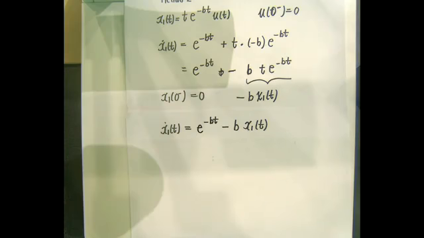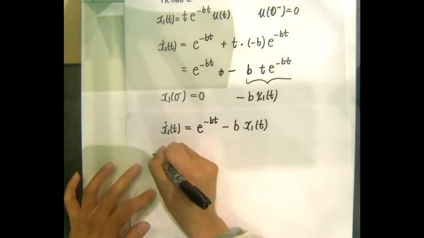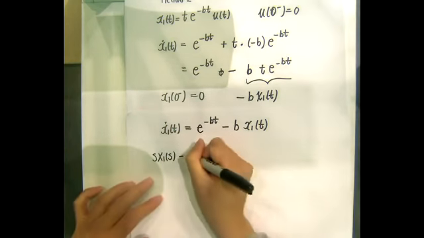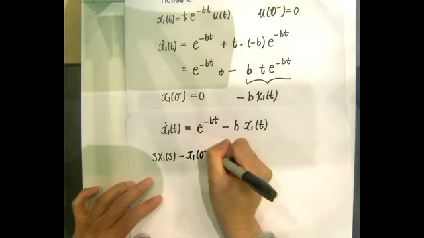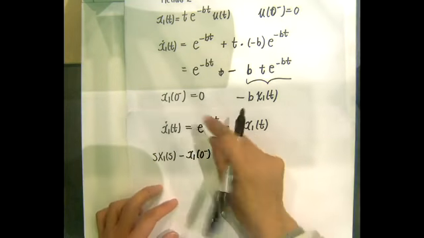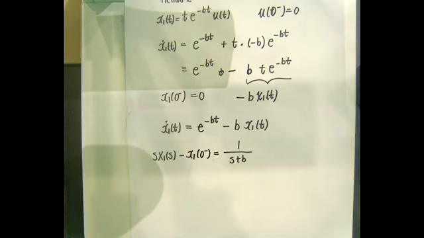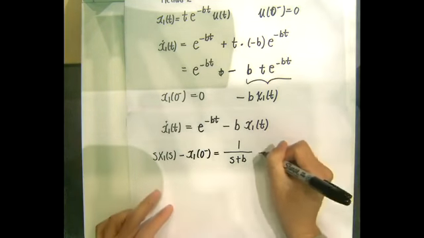Okay? Both sides, I will take the Laplace transform. They should be equal, right? So if I'm taking the Laplace transform of my left-hand side, it will be s X1(s) minus x1(0 minus). Am I correct? And then on this side, I know this one pretty well: it is 1 over (s plus b). And then I will have b.